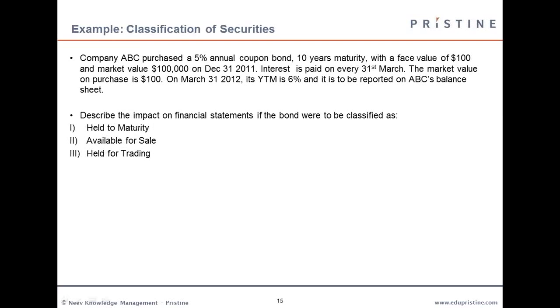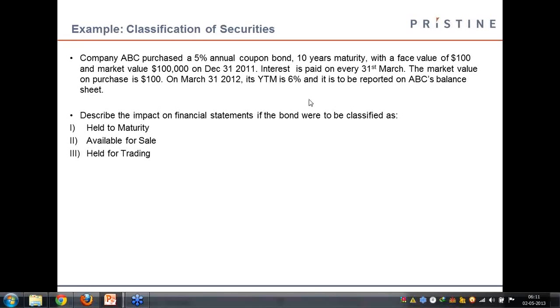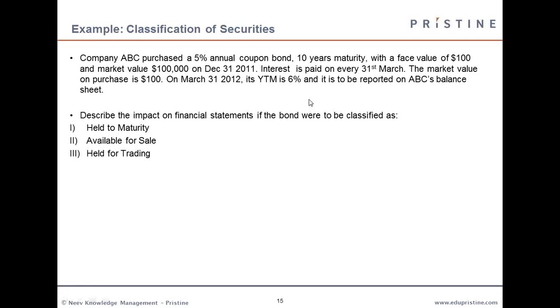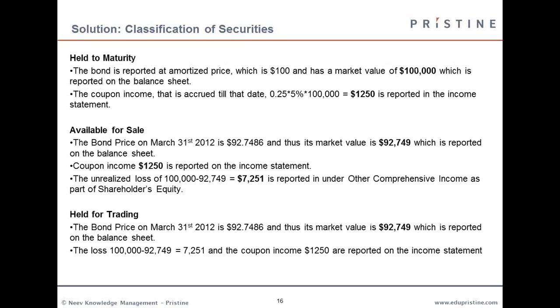So let's take an example to understand these things. Suppose you have a 5% annual coupon bond with a 10-year maturity, with a face value and market value as given. The yield to maturity is given as 6%, and the impact on financial statements is to be determined if the bond is classified in the three ways that we have just discussed.